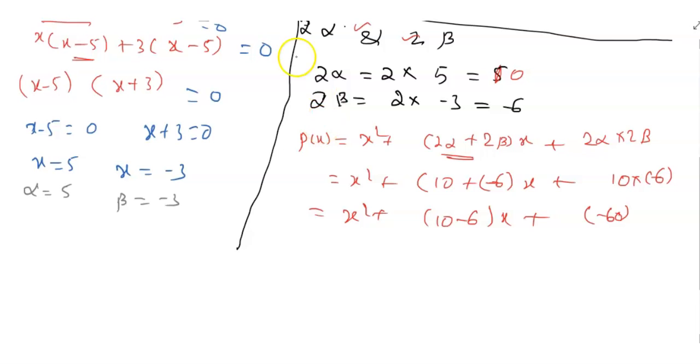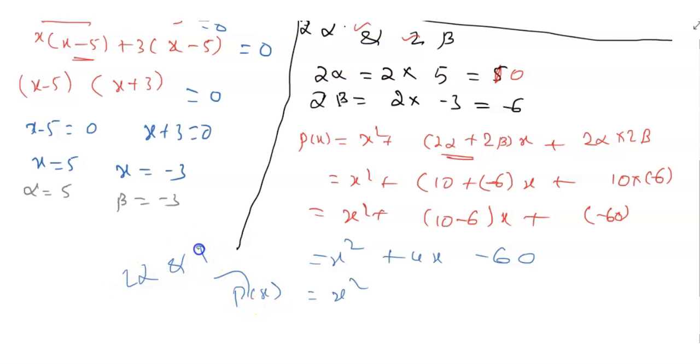Now you can write down the final step: x square, 10 minus 6 is 4x, and minus 60. So your polynomial p of x whose zeros are 2 alpha and 2 beta will be x square plus 4x minus 60. That is your answer.